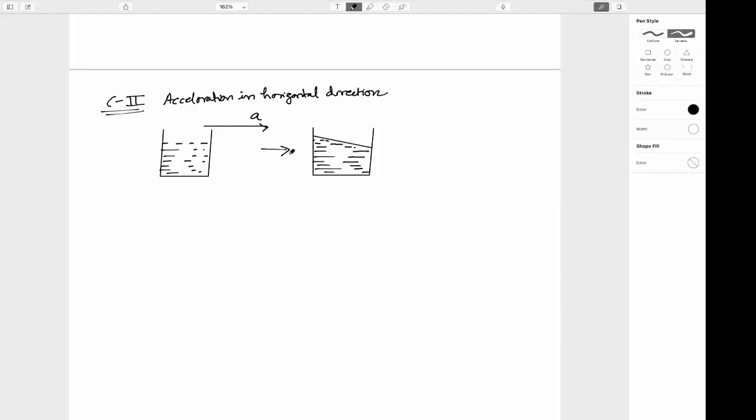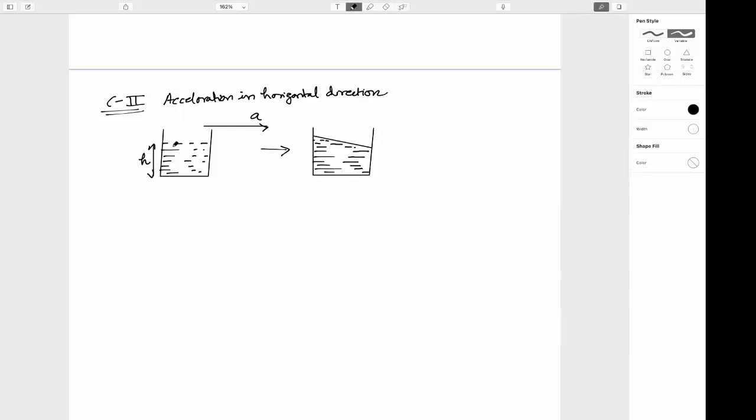Now, because this is moving in horizontal direction with an acceleration a, why will the shape become like this? That's the question.